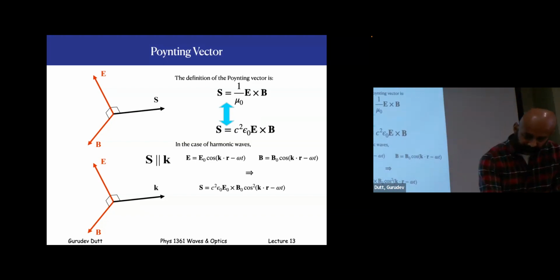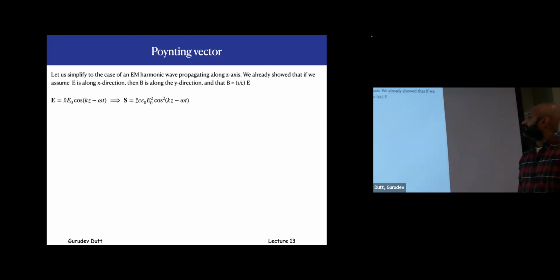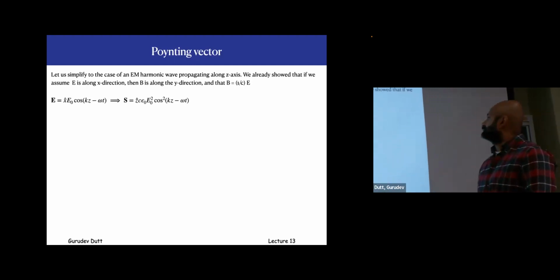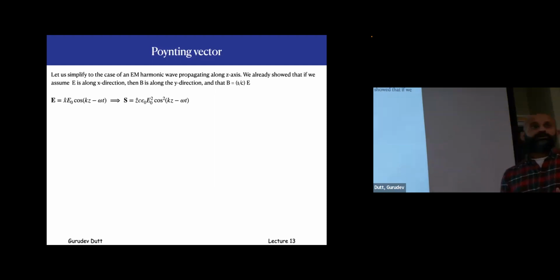Okay, and if I now go back here, we take that expression for E naught cross B naught and simplify it to a specific simple case, because we just want to understand the simplest case, and the result turns out to be generalizable to more complicated cases. So we'll take, as usual, an electromagnetic wave along the Z direction.